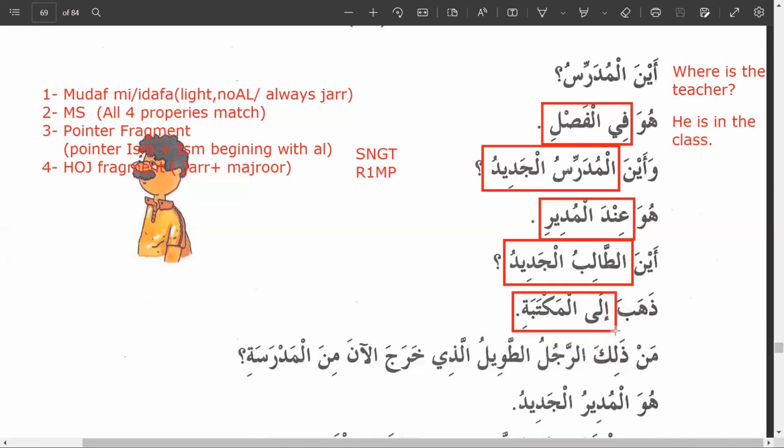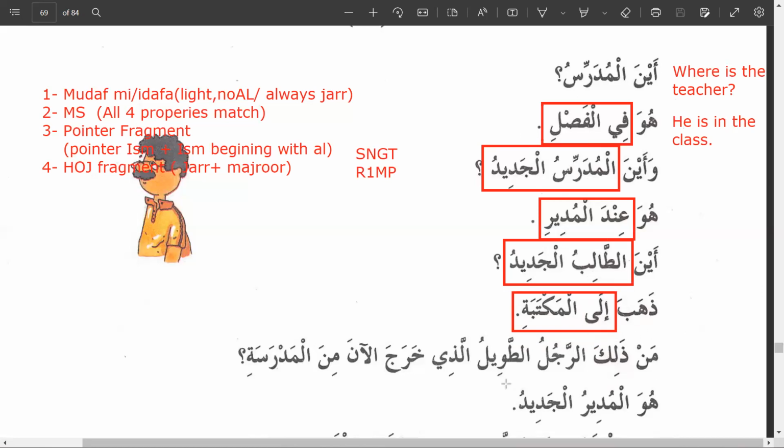Yes, it's jar majroor fragment. Excellent. Okay. So these fragments, alhamdulillah, you identified. You need to somehow work on proper and common nouns, revise those. What are proper nouns? And if you don't find any reason for it being proper, then it's a common noun. Okay.